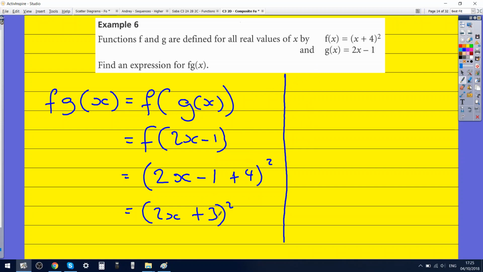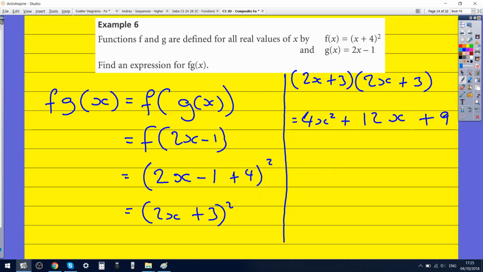How do you expand a square bracket? Oh, yeah, should have done that. 2x plus 3, 2x plus 3. So you get 4x squared plus 12x plus 9.